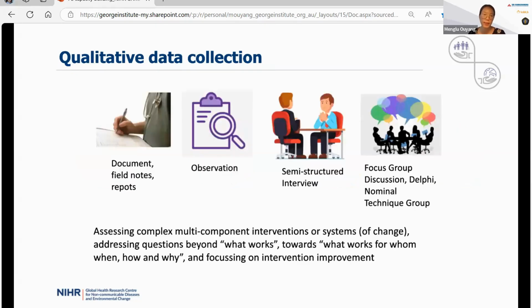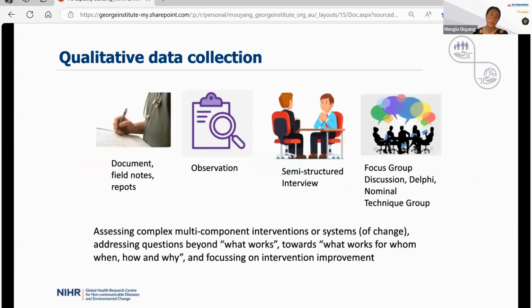However, for qualitative data collection, usually it can be from multiple resources. It can be field notes that are collected or administered by the participant sites, or it can be observation, such as non-participant observation, which can be a third party to record or help monitor the intervention implementation.